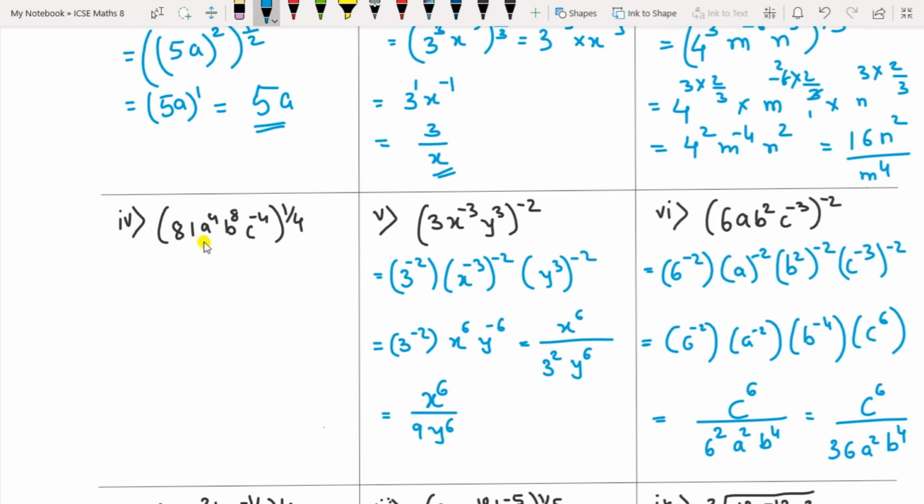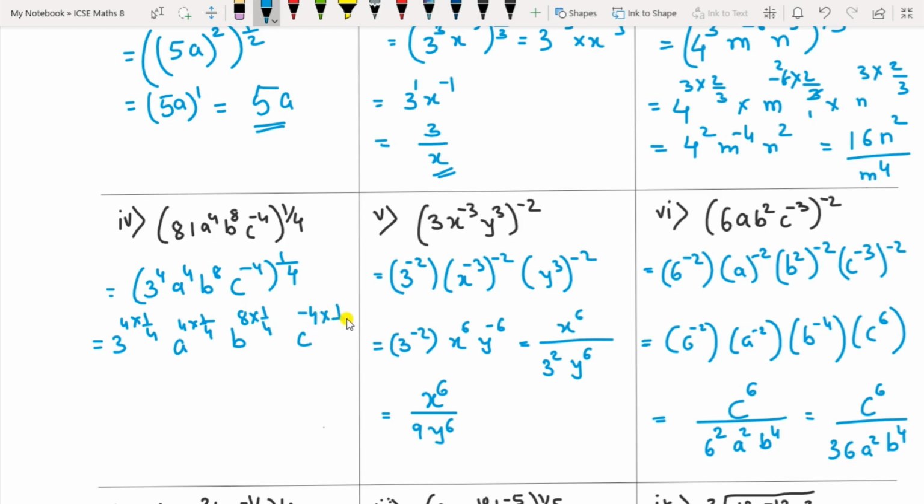Now here 81 is there, it is 1 upon 4, so it becomes 3 raised to 4, a raised to 4, b raised to 8, c raised to minus 4, raised to 1 by 4. So bring this power to each and every term: 4 into 1 by 4, a raised to 4 into 1 by 4, b raised to 8 into 1 by 4, and c raised to minus 4 into 1 by 4.